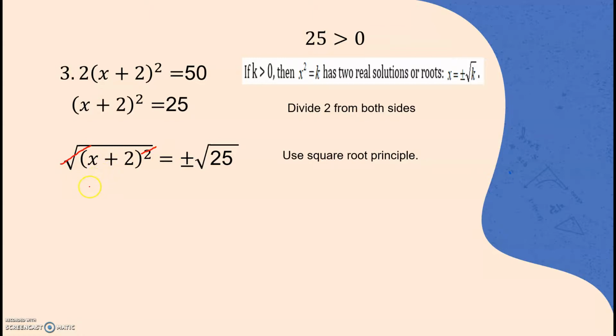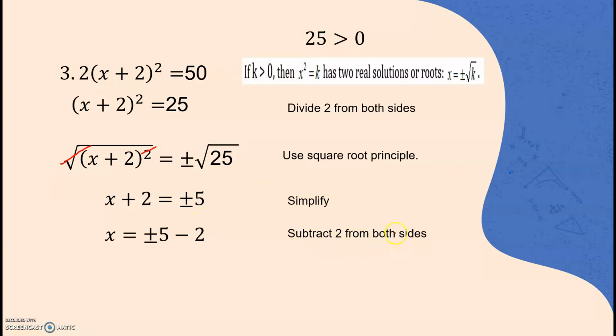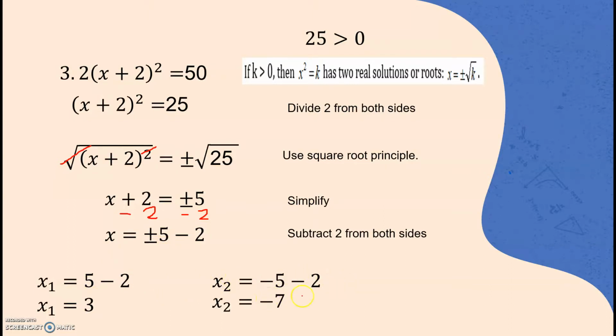What remains is x plus 2 equals plus or minus square root of 25, which is 5. Now we simplify, and we subtract 2 from both sides so that x is isolated. So, plus or minus 5 minus 2. And then we separate, since there is plus and minus. 5 minus 2 is 3, and negative 5 minus 2 is negative 7.